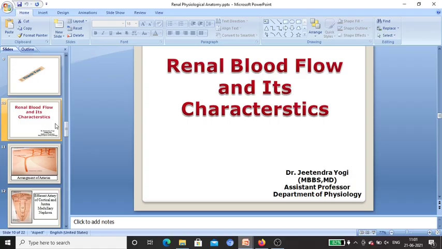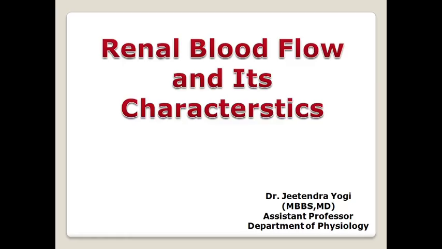Your renal blood flow and its characteristics. Means how the kidney gets its supply of blood, and what the characteristics are, how this renal blood flow is peculiar to the kidney.